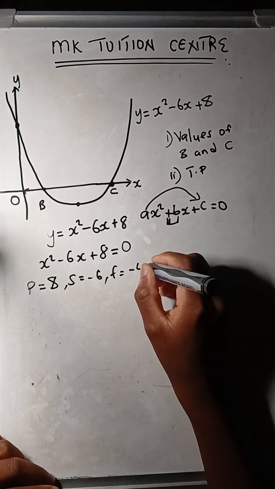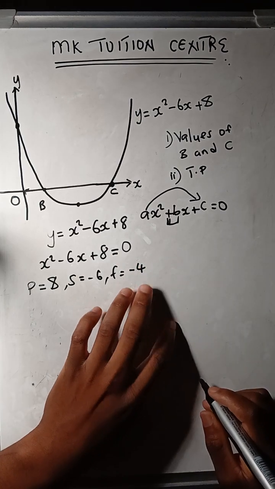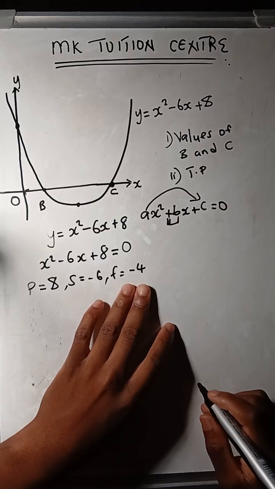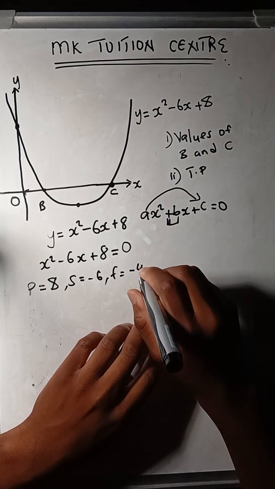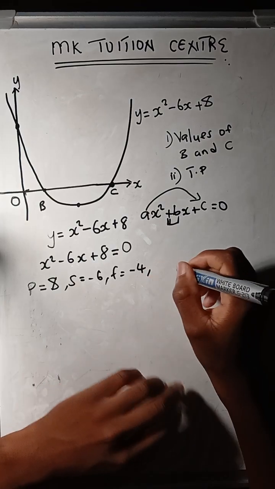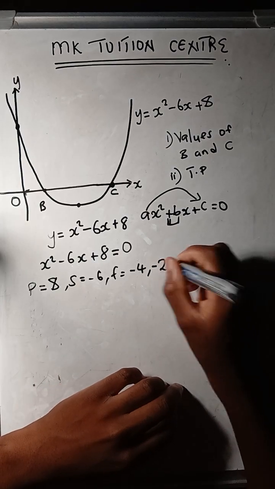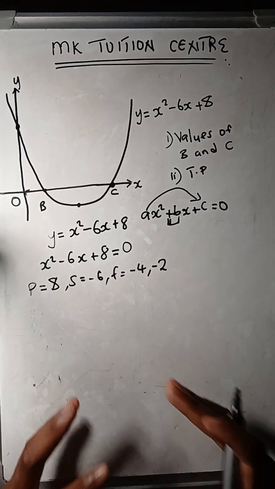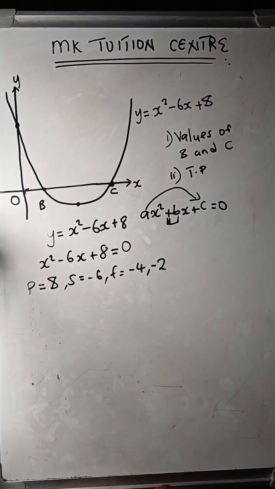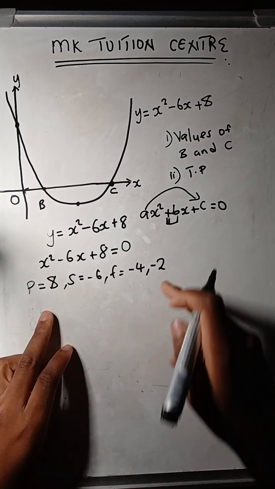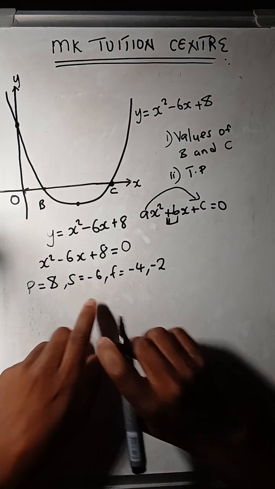If you are still finding challenges when it comes to finding factors, please reach out to my inbox. I will give you a video to guide you. So we're going to have negative 4, negative 2. When you multiply negative 4 times negative 2, you get positive 8, and when you add these two, we get negative 6.